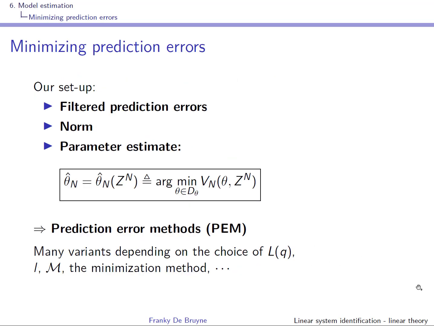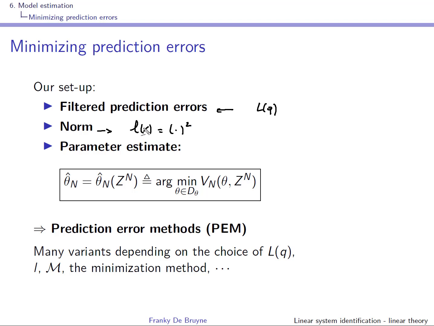So here is our setup in summary. We work with the filtered prediction errors. So here you have a design parameter L(q). You work with the norm, but in practice in this course we'll work with simply squared, right?